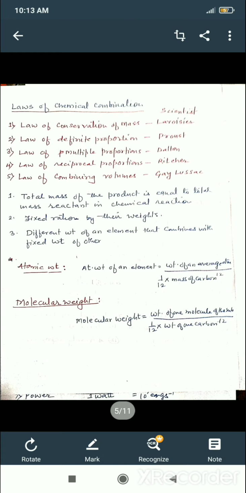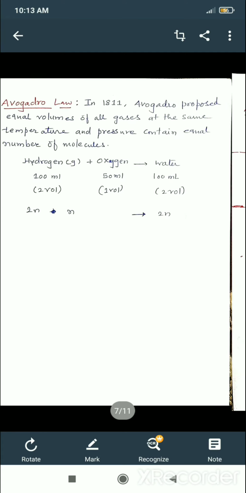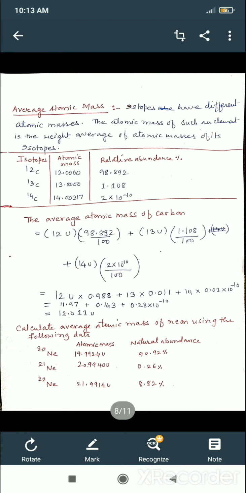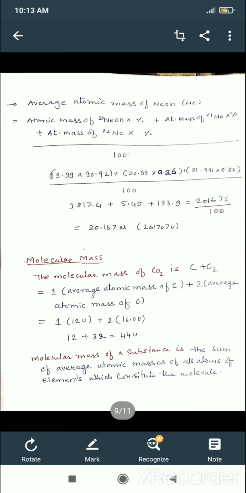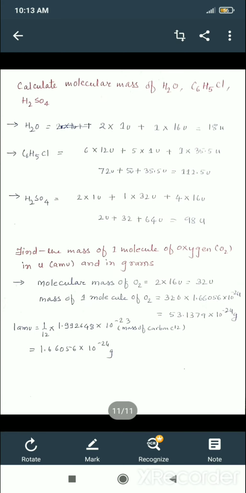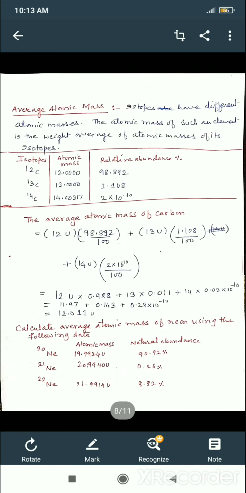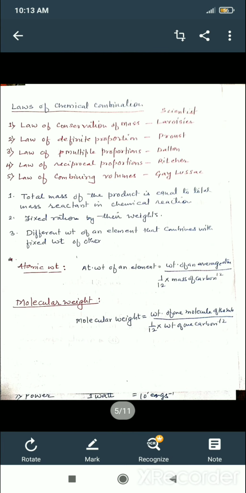Here I have tried to revise the general part for the fast preparation of your competitive section. See another part, that is average atomic mass. Before going to average atomic mass, molecular mass and formula mass, we have to study some basic concepts: what do you understand by weight, atomic weight, molecular weight?